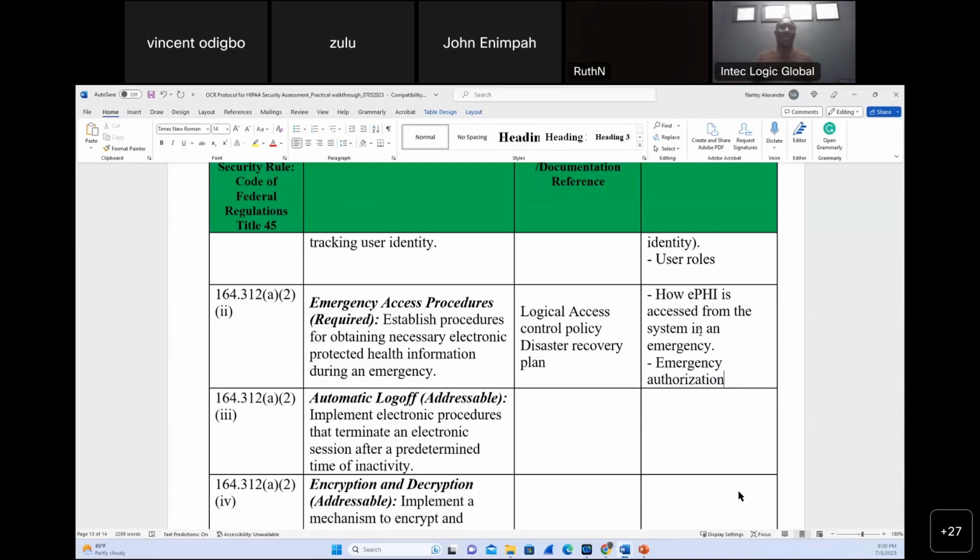Otherwise, people who want to be inquisitive, because they heard a celebrity sportsman had come to visit the covered entity or the hospital, want to check what is the reason that brought this person here. Out of curiosity, they want to go and check the person's record, and then they say, oh, I accessed it because it's an emergency. But was it authorized? Was the emergency situation activated, so that people cannot use that as an excuse?